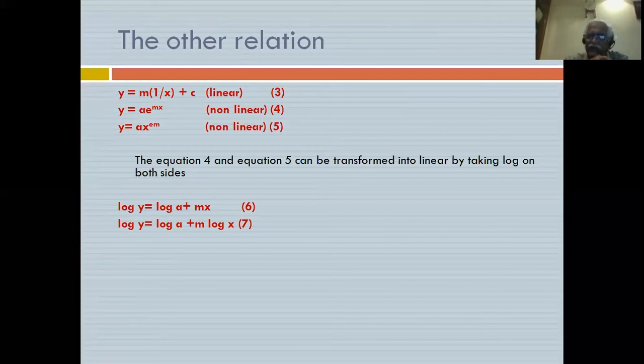The biggest non-linear equation is c equal to c0 e to the power minus kt. That is the BOD biodegradation rate. If you take the log, log c equal to log c0 minus kt, where k is the slope, with time. So y equal to minus mx plus c. With time, BOD will be degraded.